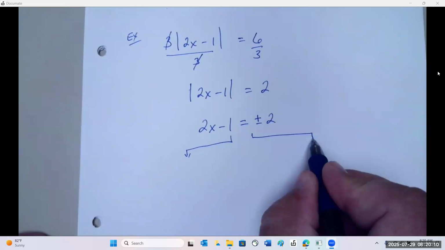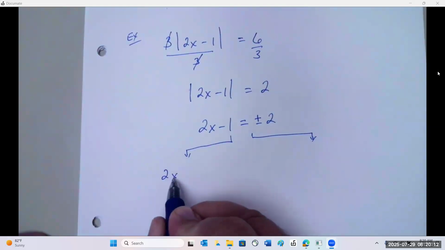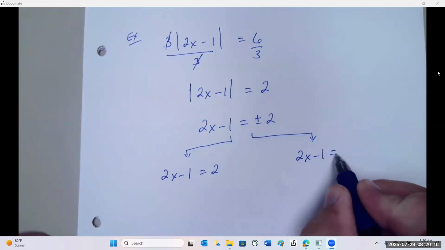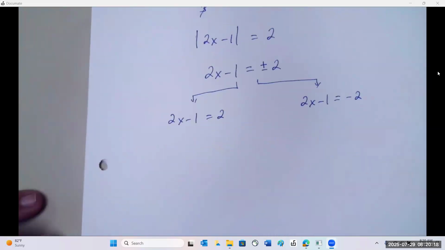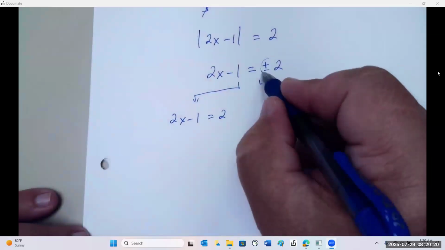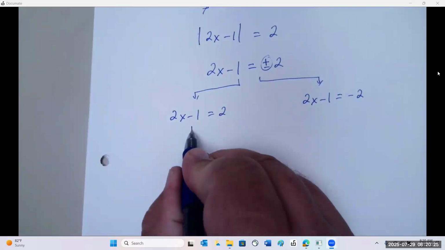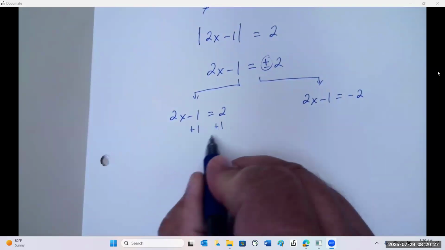Now I just have a regular equation, and I solve it like we normally do. I do one side positive 2 and one side negative 2. So I add 1.